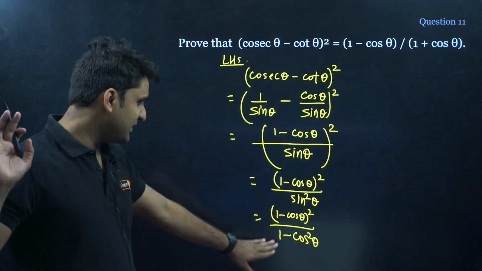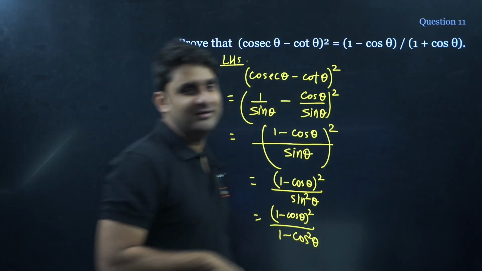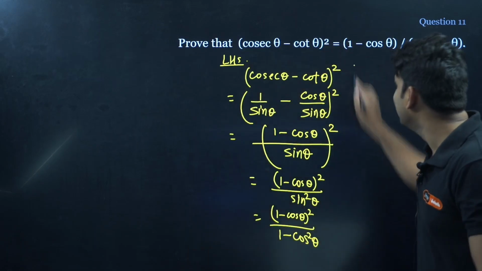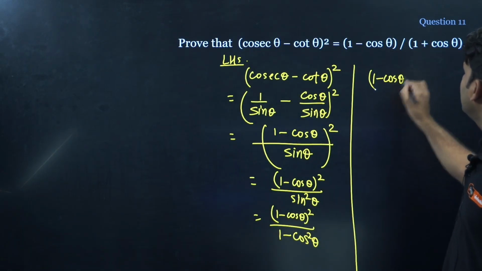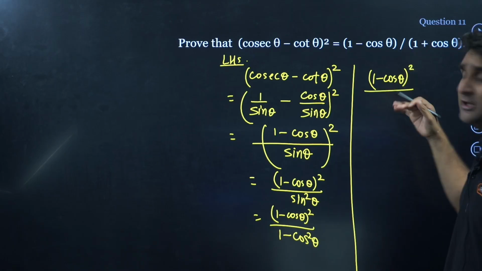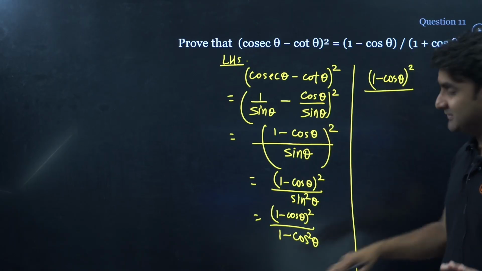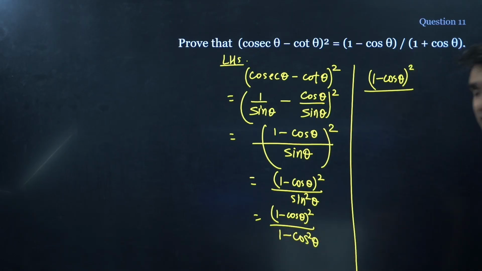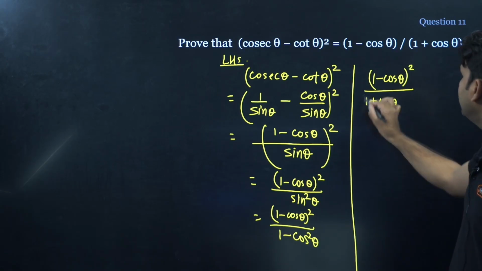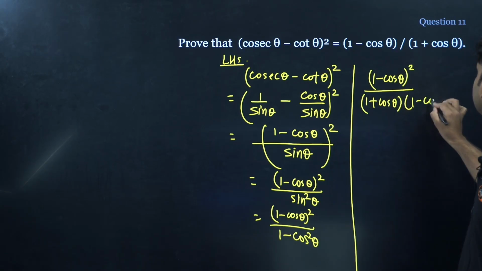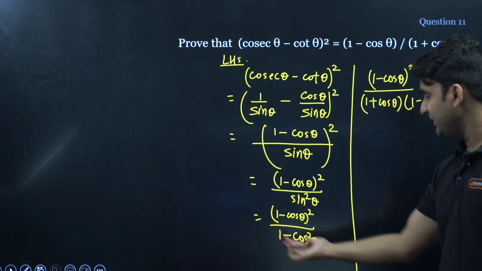So imagine a square minus b square, it is an identity, guys, and it can be written as a plus b into a minus b. Don't do anything to the numerator, keep the numerator as it is, and 1 minus cos square theta can be written as (1 plus cos theta) and (1 minus cos theta).